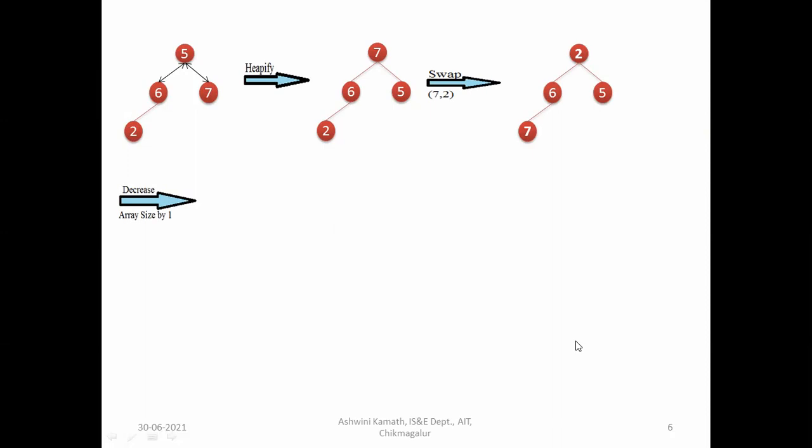If I give the index for the array here, 1, 2, 3 and for 7 it is 4. So 7 will get its final position, that is position 4. Now decrease the size. Don't touch 7 anymore. Then we are left with 2, 6 and 5.